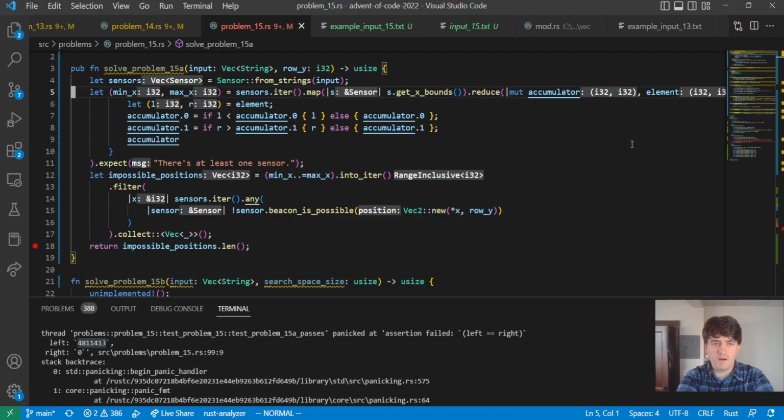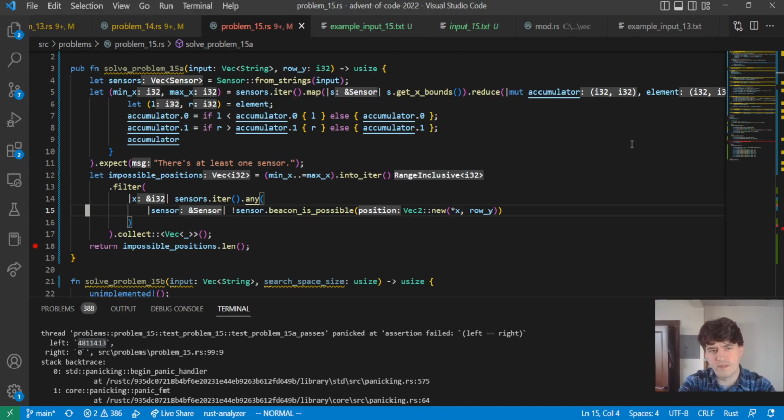But we are going to want to order these sensors in a compelling way first, which maybe we just do in from strings.